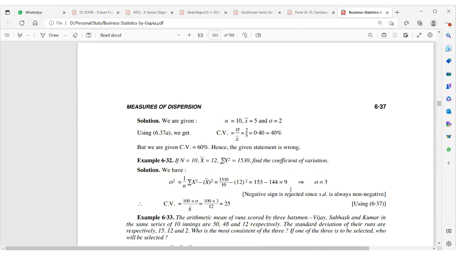Either he scores well or he gets out. Similarly, KL Rahul comes and sticks to the strike, right? He does not make as many runs, but he sticks to the strike.